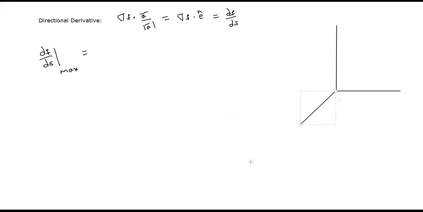So if you take a point P here, there are infinitely many directions. You can see there are infinitely many directions. So among all these directions, in which direction you will get the maximum value of the directional derivative? Maximum value. Any guess?